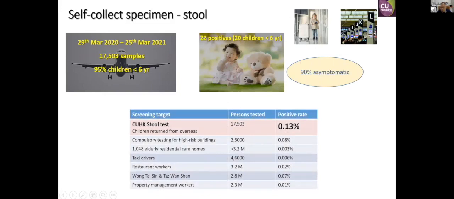In comparison with other programs, it seems that using stool samples, at least for children, gives you quite an acceptable positive rate. And one thing to mention is that most of these positively infected children are asymptomatic.